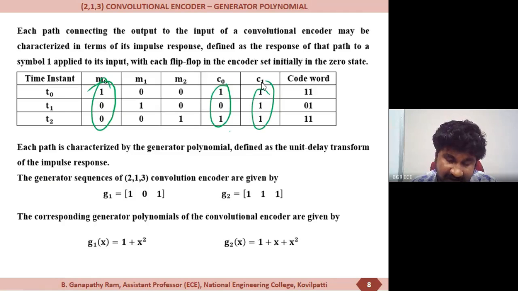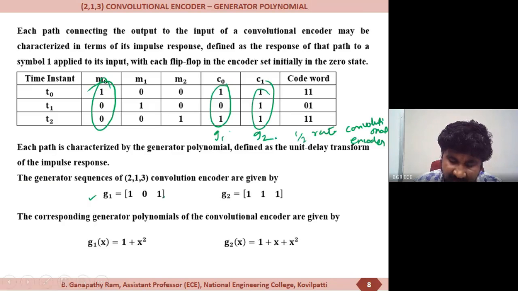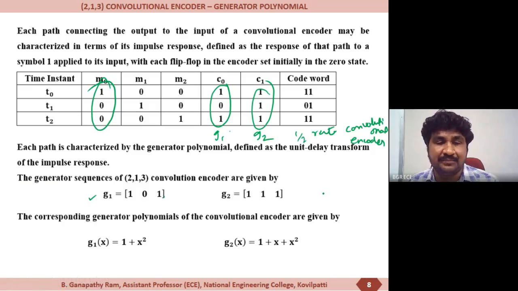And this will be assumed as the generator sequence of this 1/2 rate convolutional encoder. Let us assume these two generator sequences as G1 as 1 0 1 and G2 as 1 1 1.